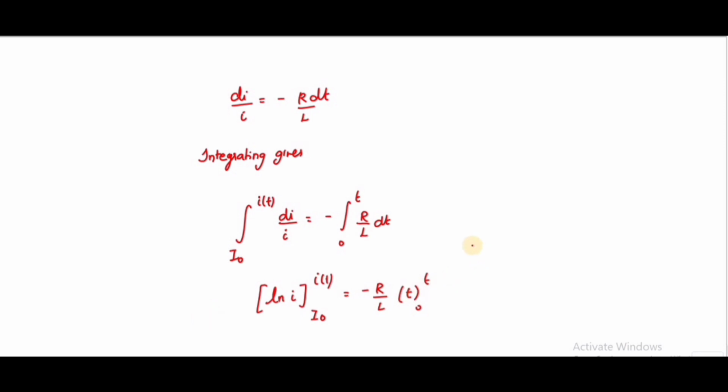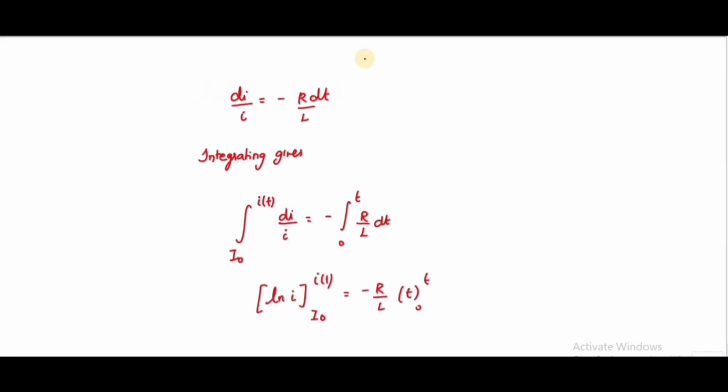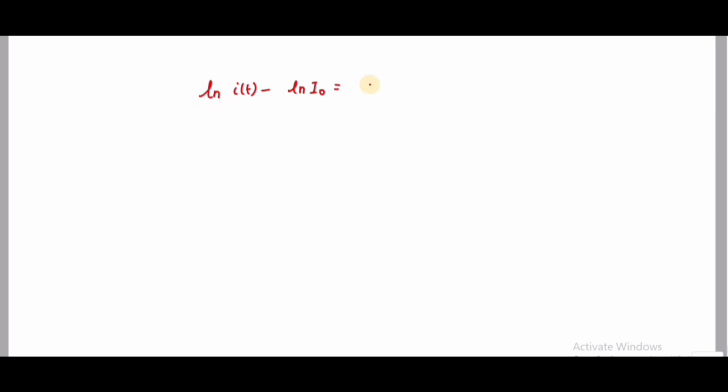So I can write this as ln I of t minus ln I naught equal to minus R t divided by L. So this I can write as ln of I of t by I naught is equal to minus R by L of t.